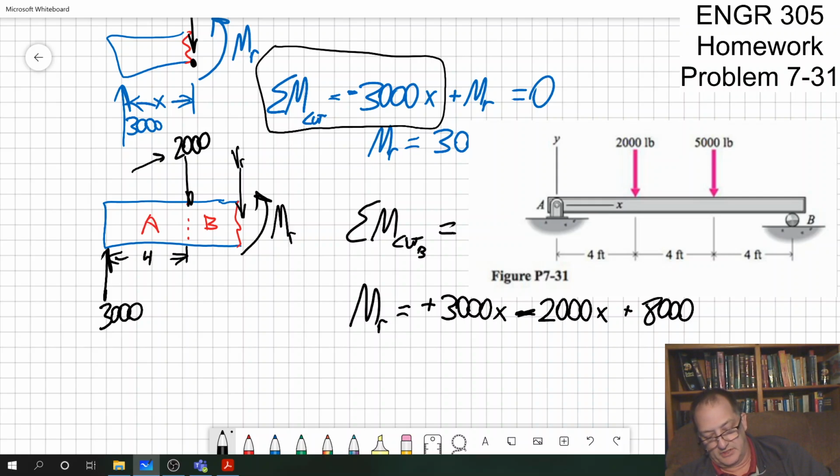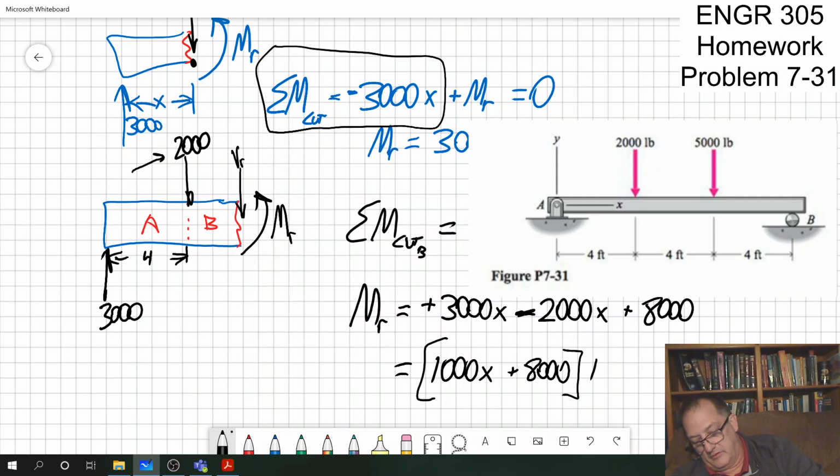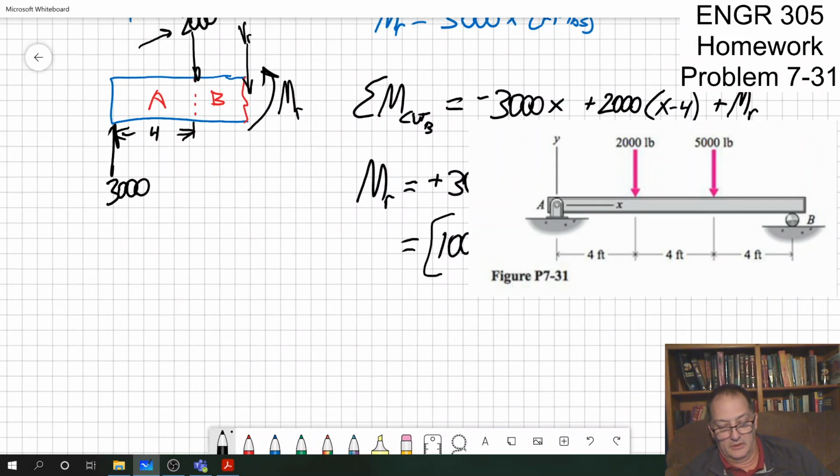So this becomes 1,000x plus 8,000 foot-pounds. All right, and I've got one more section to do.